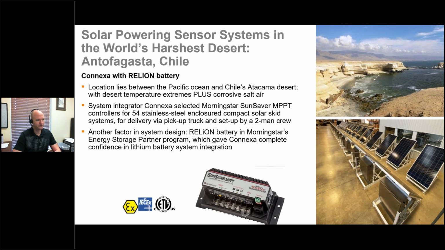And this actually involved 54 stainless steel skids that were deployed and set up extremely quickly because they were all pre-produced, integrated, and designed and deployed rapidly into the field. And Relion is actually, as I said, a lithium battery, and integrated into our products due to a lot of the work done by our energy storage partner program, which helps us to provide manufacturer-specific certifications on battery compatibility.